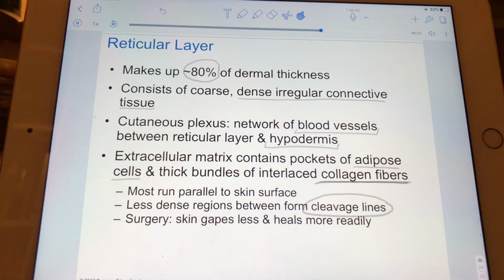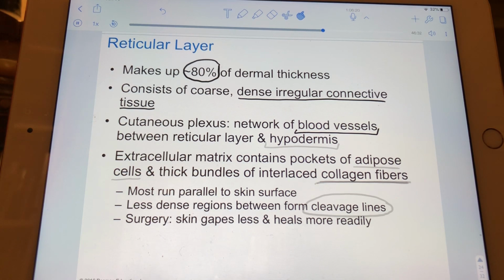The reticular layer makes up about 80% of the dermis. Again, it's the bulk of the dermis, and it is, as you already know, comprised of dense irregular connective tissue. This is where the bulk of blood vessels are found, the bulk of lymphatic vessels, the bulk of at least larger sensory receptors.